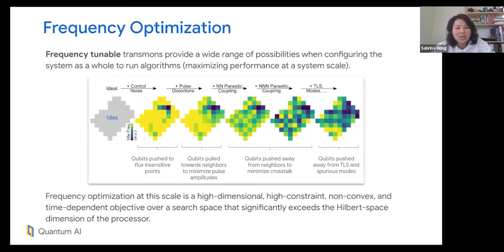Okay, so now let's say we add in some pulse distortions. What does that look like? Let's say we add in this coupling between nearest neighbors. What if we add coupling between next nearest neighbors? So you can see that as you start to add the complexities of operating something at the system scale, you end up with a much more diverse landscape of what is the optimal frequency that you might be using to operate the system as a whole. Okay, and if we can go to the next slide.